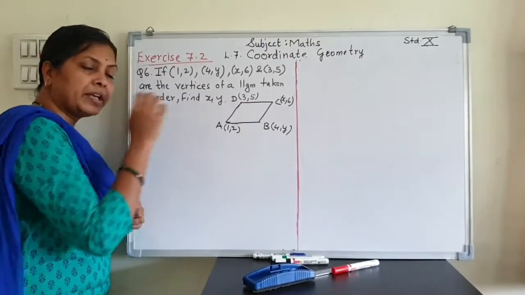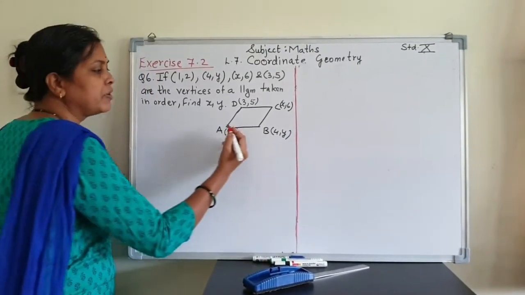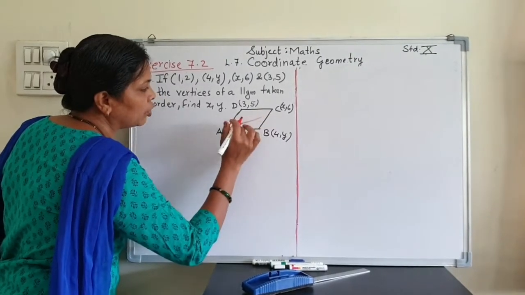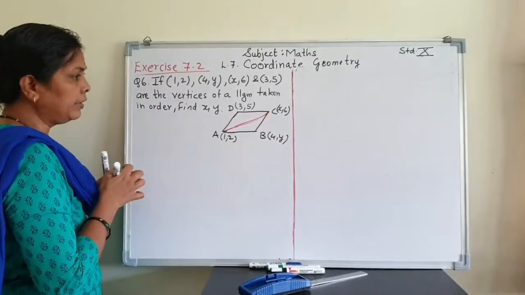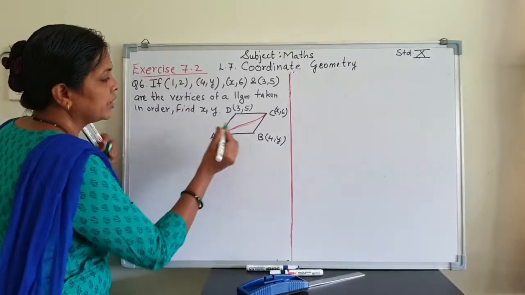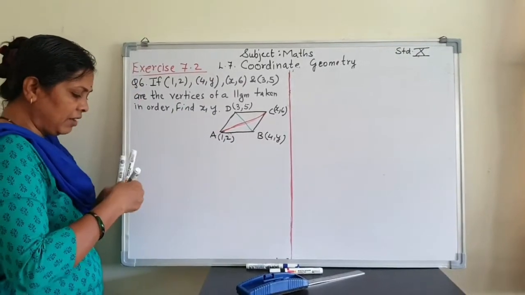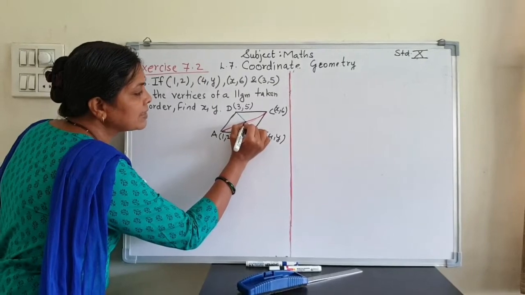Now as they have given us it's a parallelogram, one property of parallelogram all of us know is that if you take the diagonals of the parallelogram, AC and BD, then the diagonals of a parallelogram bisect each other.